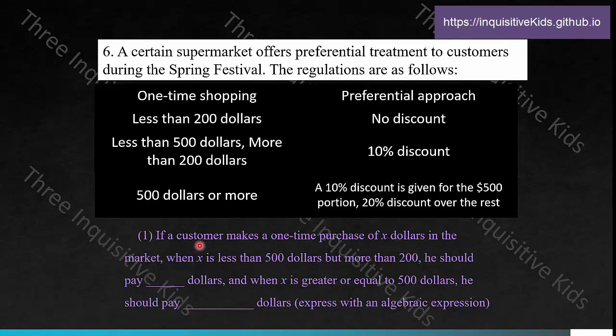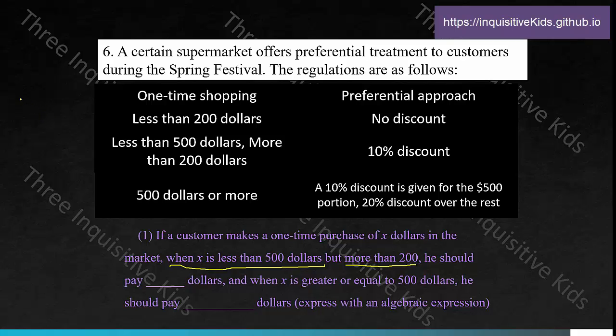Okay, so this has lots of keywords in there that can bring us straight to our answers. For example, over here it has that when X is less than $500 but more than 200.